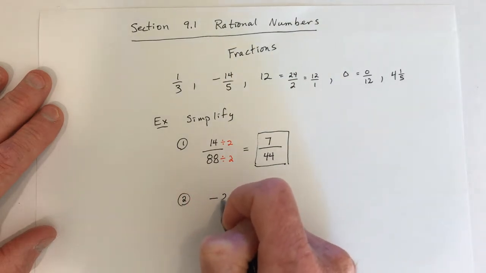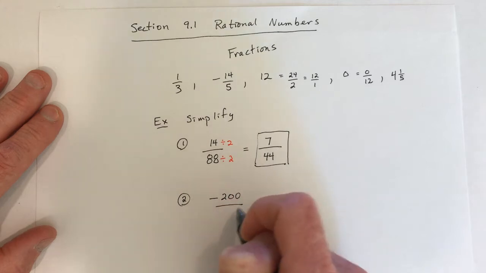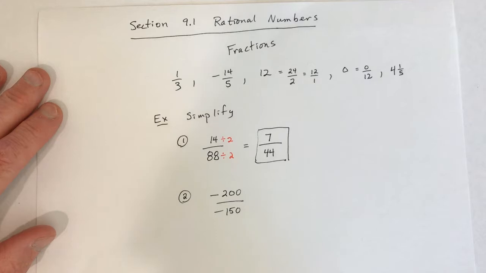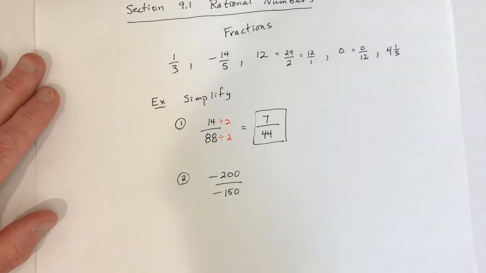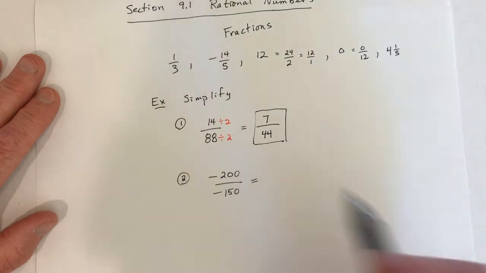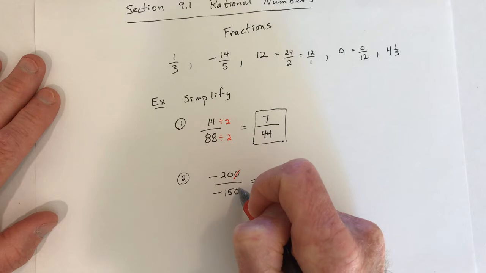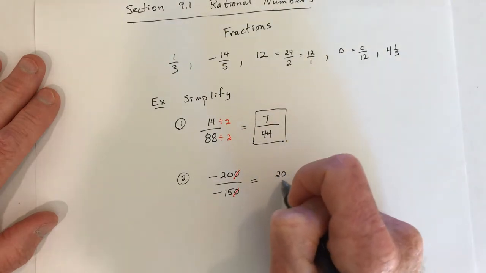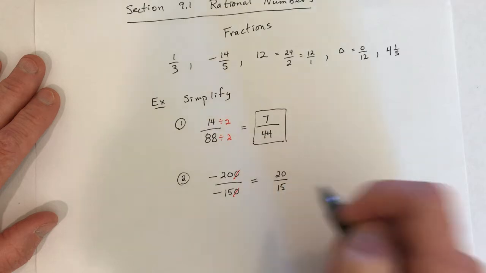How about negative 200 divided by negative 150? Well, a negative divided by a negative is a positive, so these two negatives are going to cancel each other out. Also, you could divide by 10 and divide by 10 and then get a positive 20 over a positive 15.